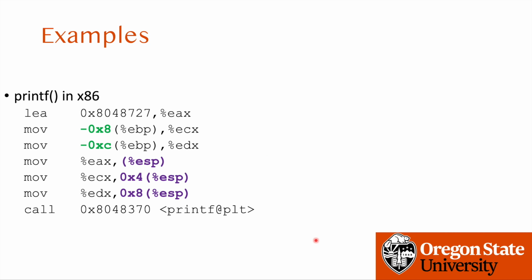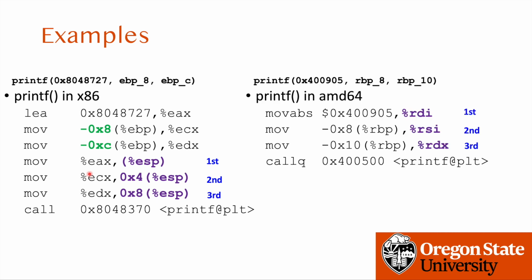And here are examples of how argument passing works. With an example of printf, we have an example in x86 on the left side. You can see how a single line of code, for example this printf, can be translated into several lines of x86 assembly.